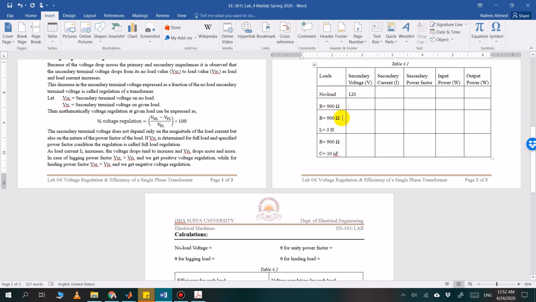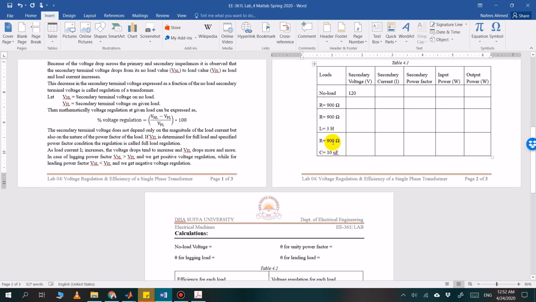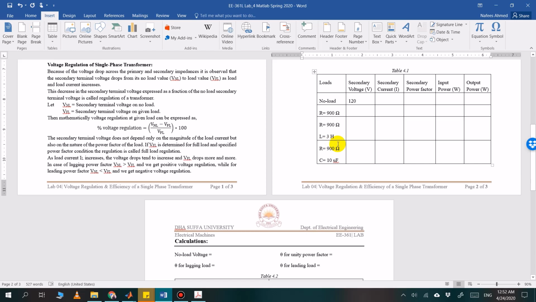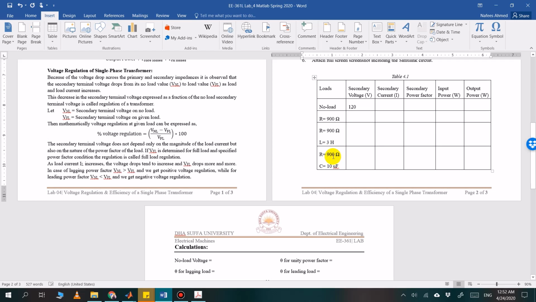So you will notice that the voltage regulation might be negative for this case, RC load. So that's normal. Voltage regulation can be negative if we have a capacitive load.